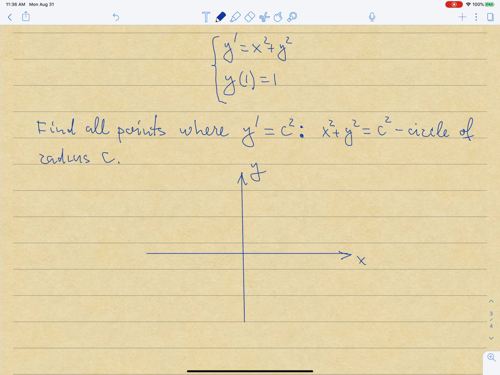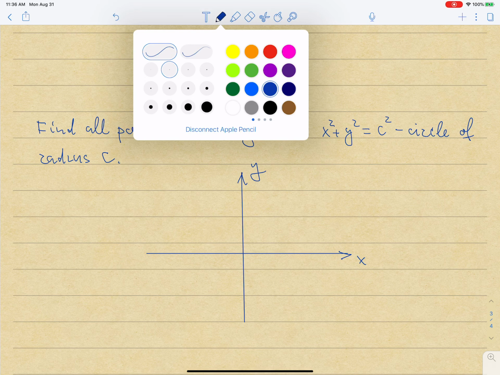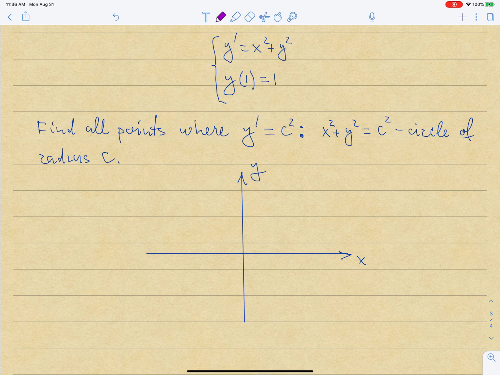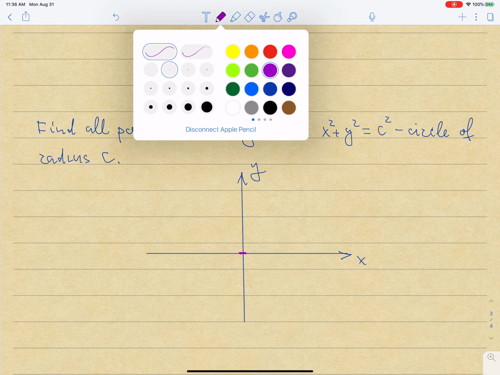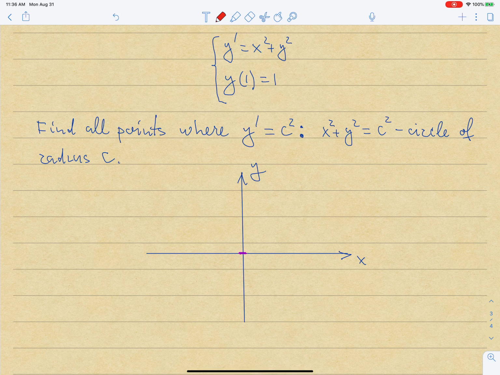If c is equal to 0, then we have a circle of radius 0. So that means that if we're at the origin, which is a circle of radius 0 centered at the origin, then we're just going to have a slope 0. Okay, next, if c is equal to 1, I'm going to get a circle of radius 1. And everywhere on that circle, the slope is going to be 1.